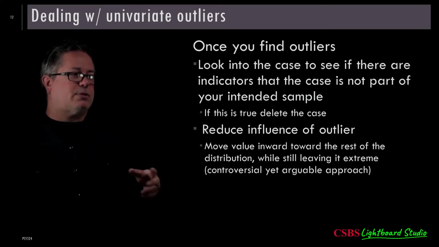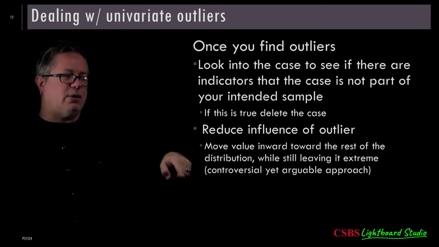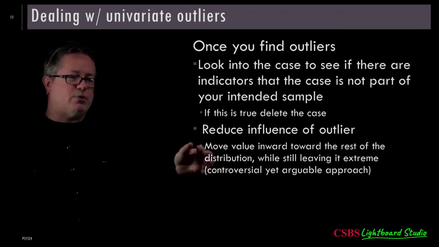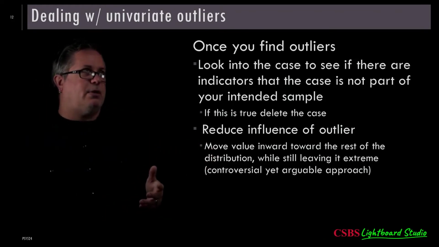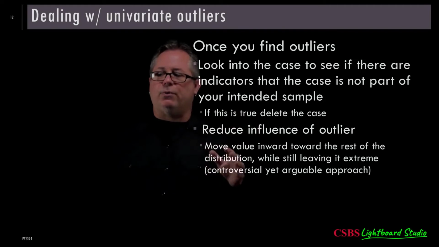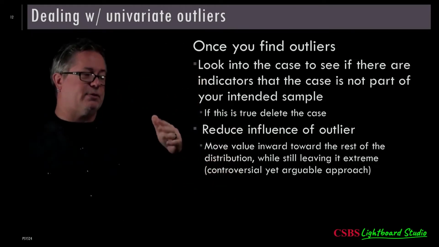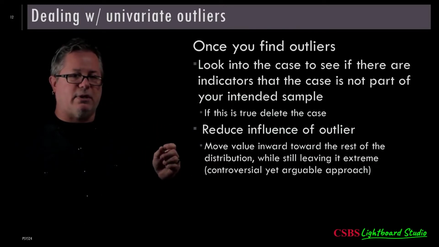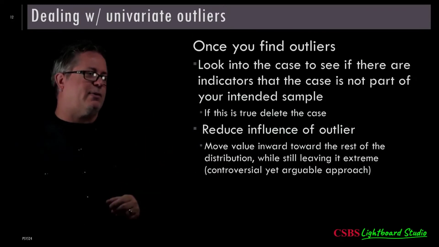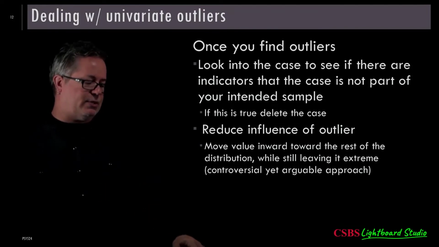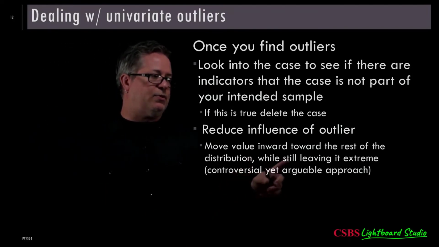That works thinking univariately: you can look at the distribution and move them in. But if it's part of your regression line, with influence caused by the discrepancy and the leverage, you may have to move it in a couple different ways. Thinking univariately, you might be able to just move it in.